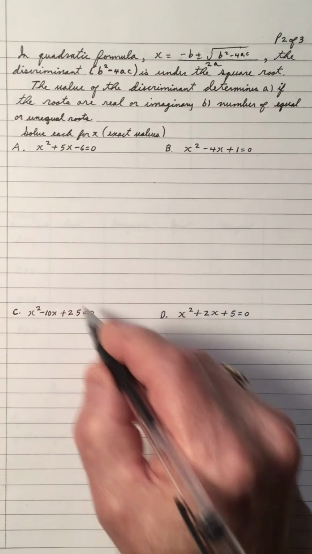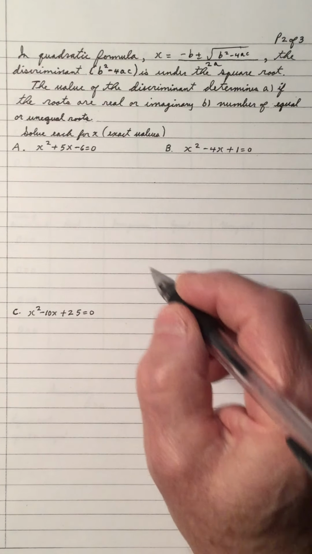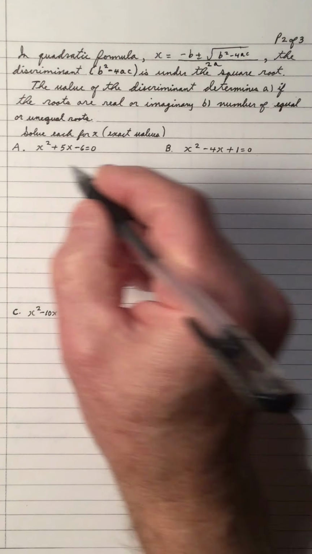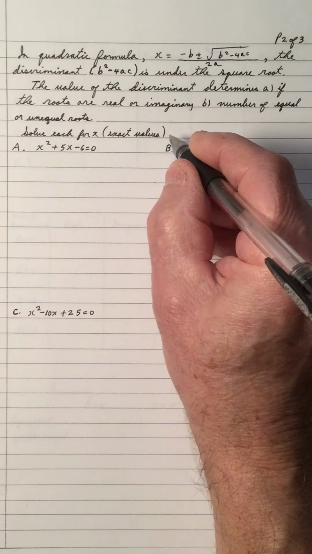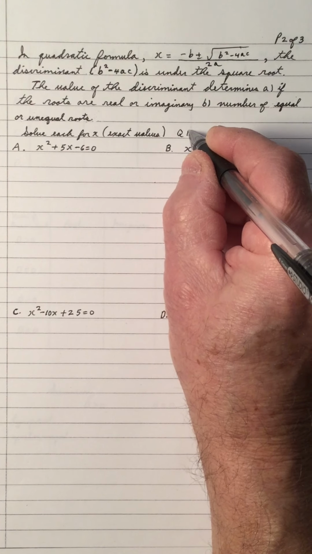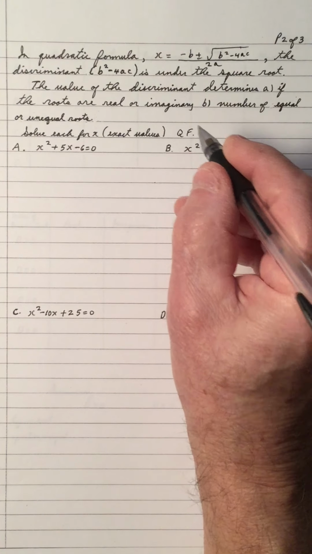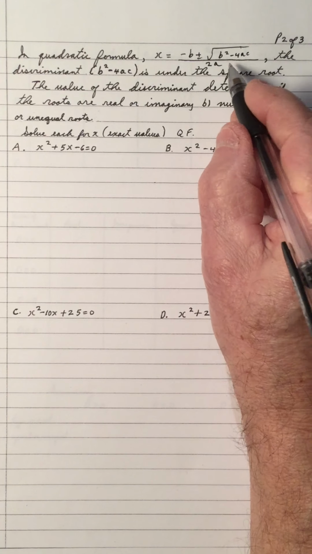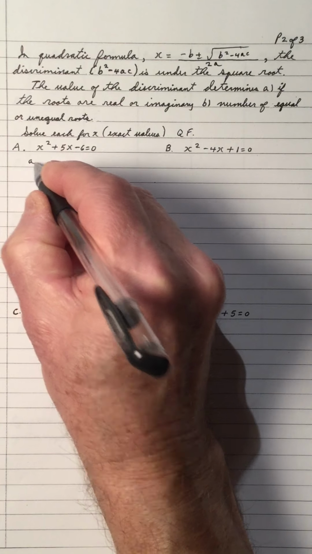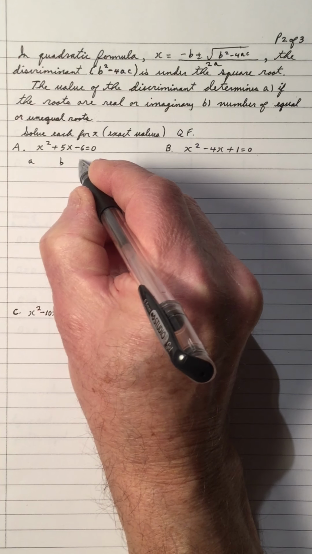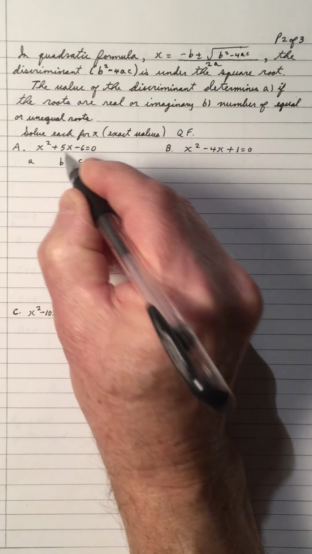Let's solve these four equations first, and then we'll pick up the data belonging to that. So we're going to solve each of these. I'm going to use the quadratic formula to solve these to illustrate, because the quadratic formula has the discriminant b squared minus 4ac. So a is 1, b is 5, c is negative 6.